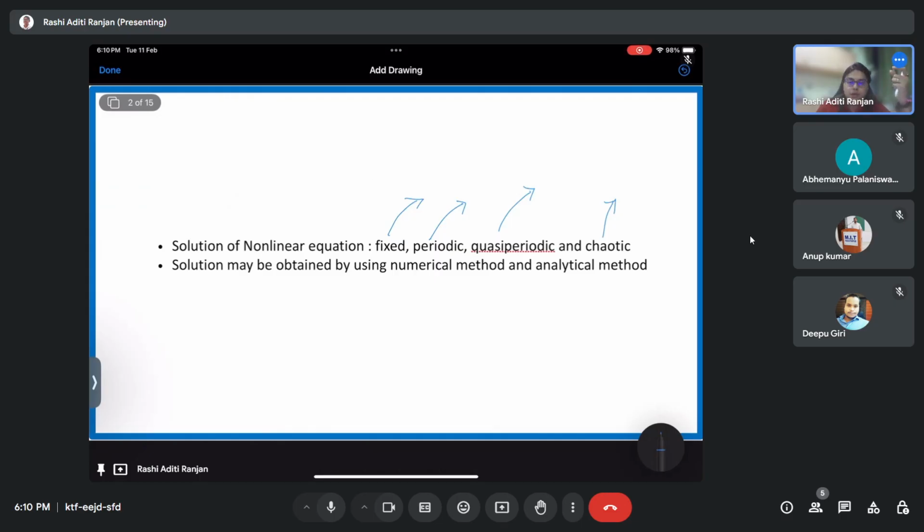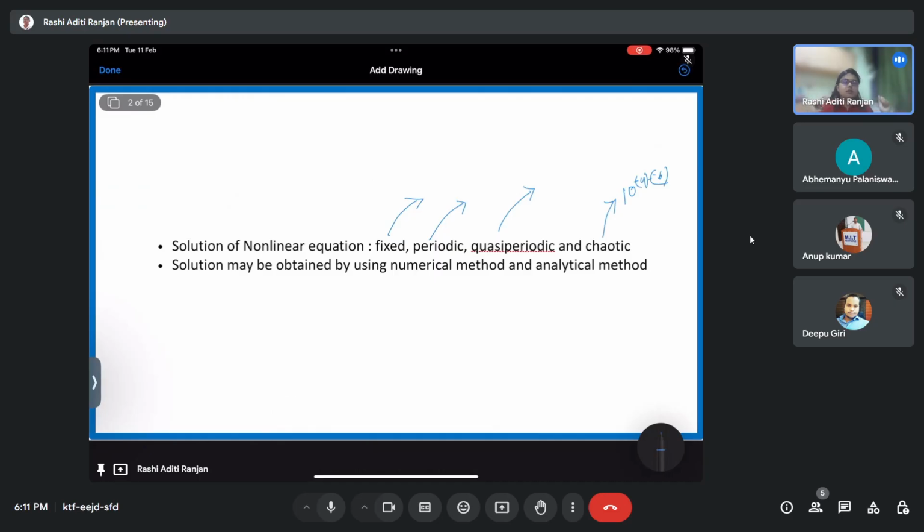However, in case of a chaotic response, what we saw was that even a very small variation of initial condition, if you remember, 10 to the power minus 4 or 10 to the power minus 6, actually changes the system response very drastically after a certain time period, right? So that is a chaotic response. Now we know what the possible solutions of a nonlinear equation could be.